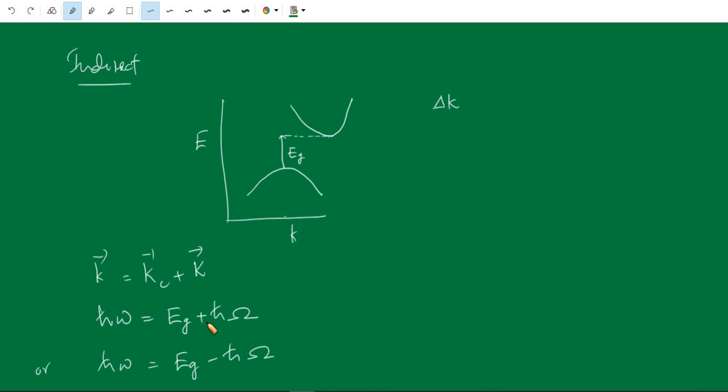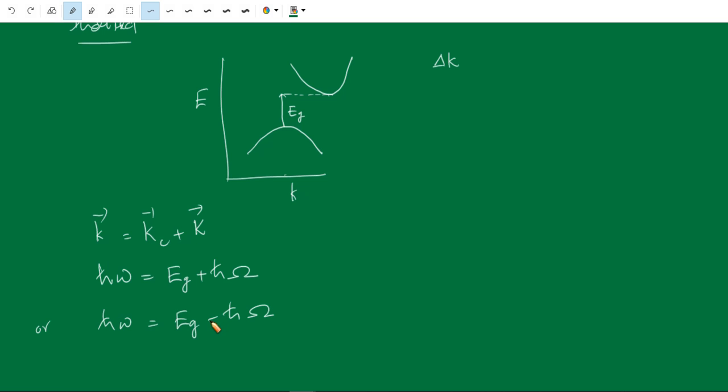So in the indirect transition, in one case a phonon is created, and here a phonon is absorbed during the transition. Because it involves three entities, indirect transitions occur at a much slower rate than direct transitions. Direct transitions occur at a much faster rate.